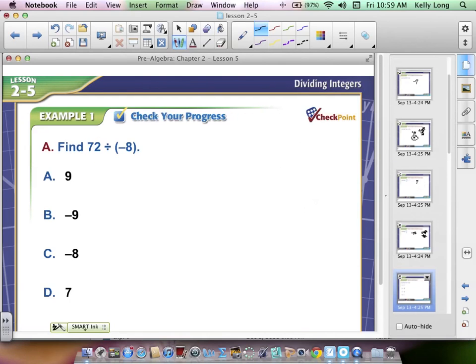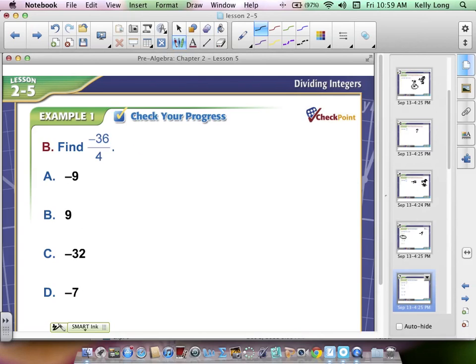Okay? All right. You do this one and then come back and check your work. 72 divided by negative 8. Unlike signs, so my answer is going to be a negative, and 72 divided by 8 is 9. So your answer is choice B, negative 9. Okay, here's another one.